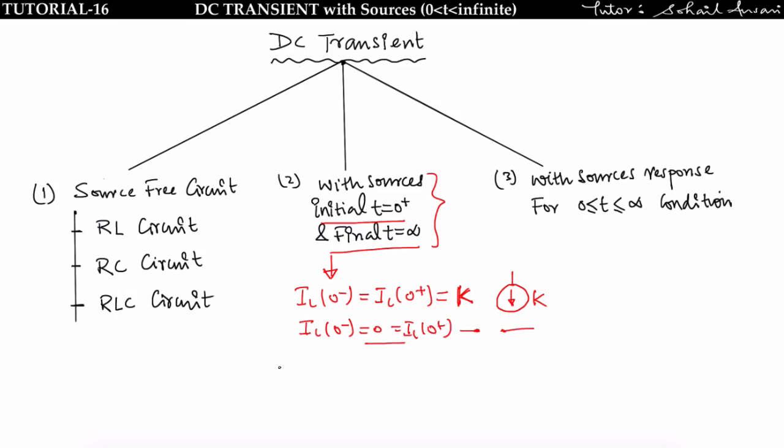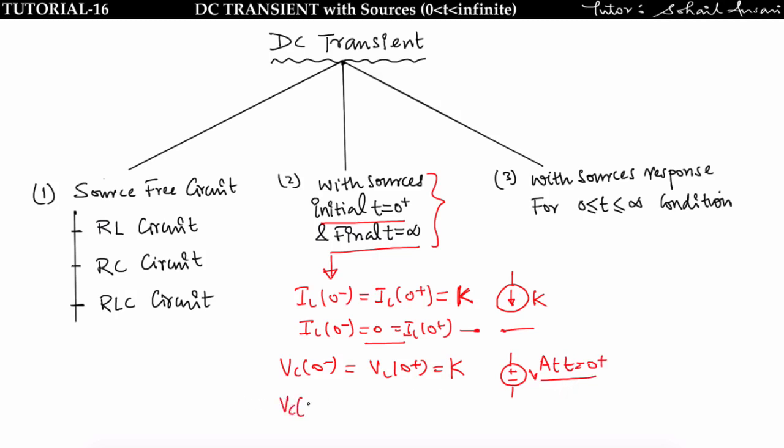Similarly for the capacitor, if Vc of 0 minus is equal to Vc of 0 plus, which is equal to some value, meaning the capacitor is charged initially, then that capacitor is replaced by a voltage source V at t equal to 0 plus.